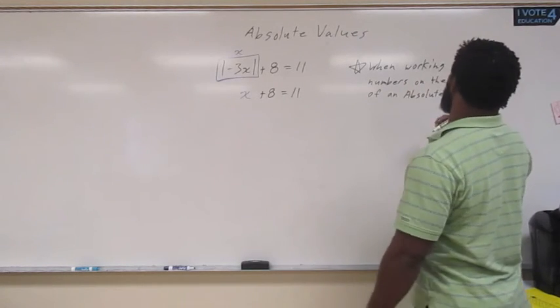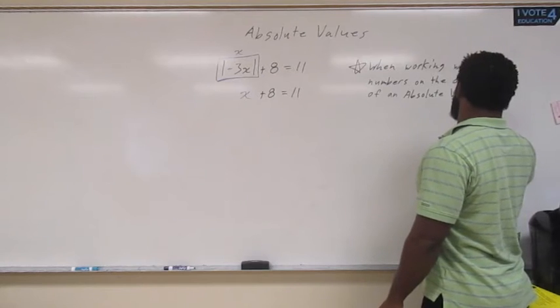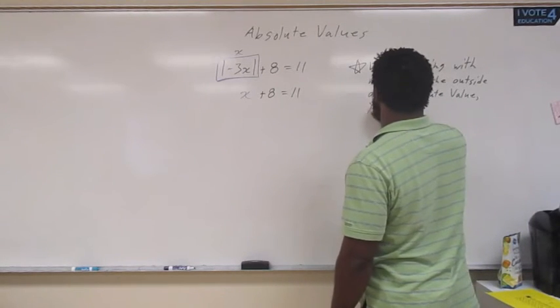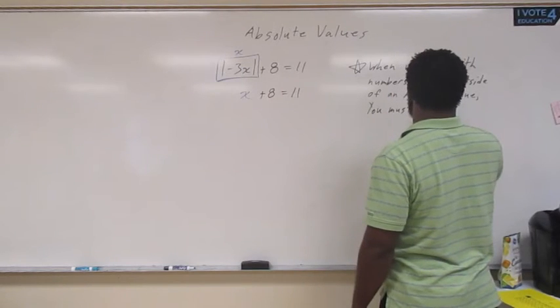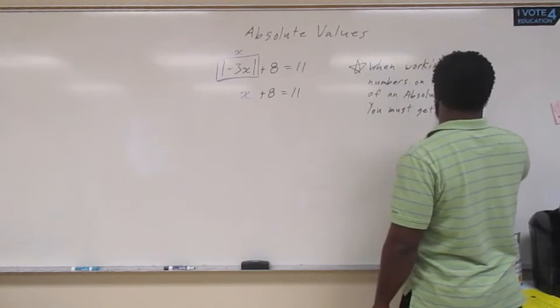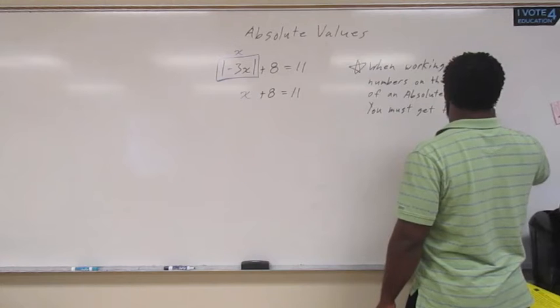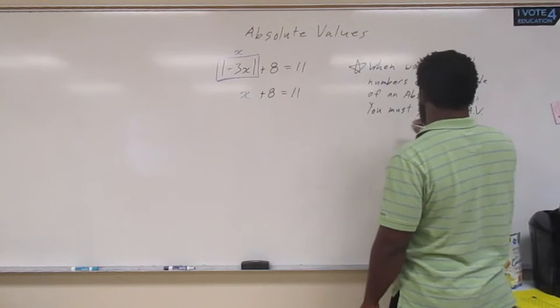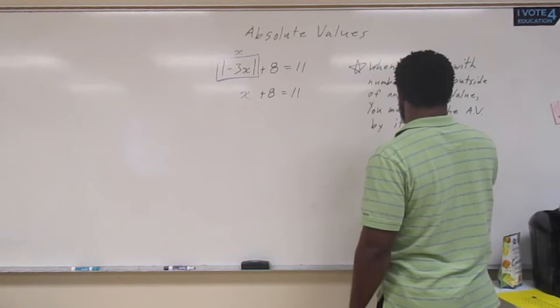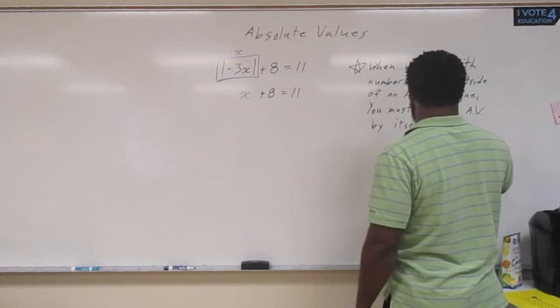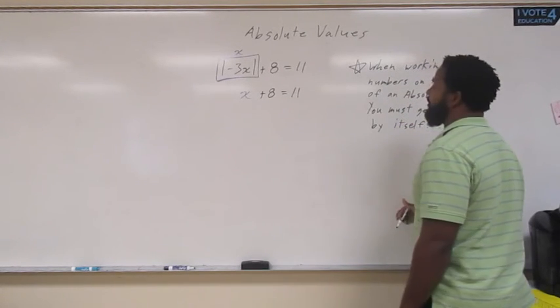When working with numbers on the outside of an absolute value, you must get the absolute value by itself. Okay?